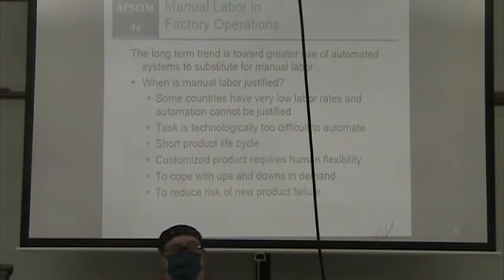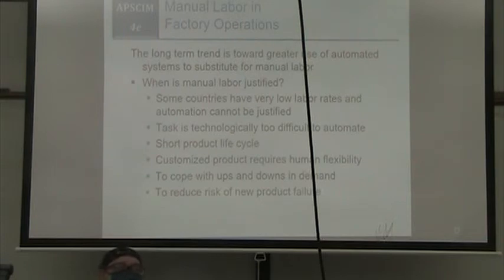Okay, so how do we tell when to use manual labor? Well, in some countries there's very low labor rates and it's hard to justify the cost of automated machines. Some tasks we have not figured out how to automate, and in fact they may be so complex that we're really not trying to do that.